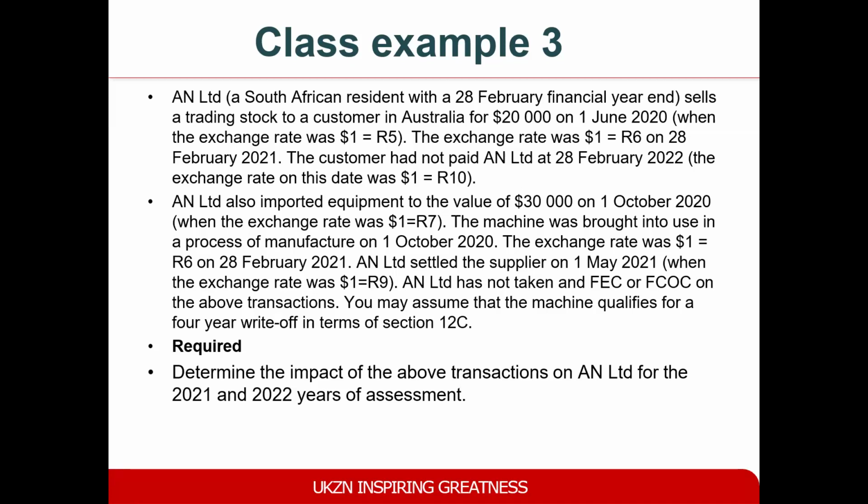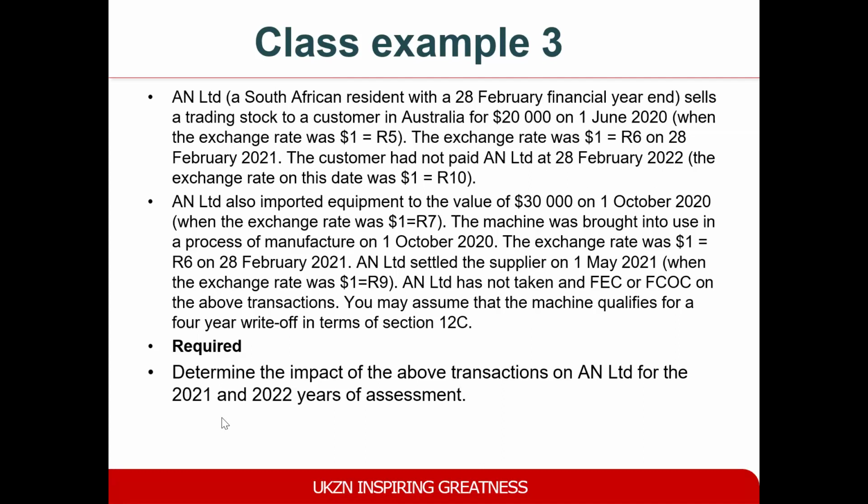Then the person has also not paid us come year end of February 2022. So we also have a Forex gain, which is 10 rands minus 6 rands, because 6 rands is the last rate we used, the translation date rate. So we have 4 rands, which is 20,000 times 4.